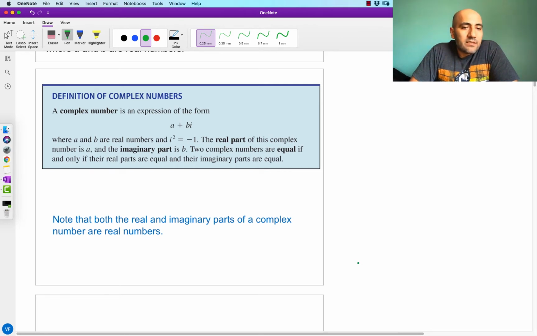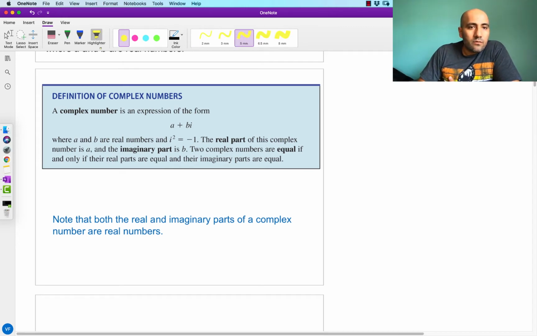Okay, so a complex number is an expression of the form a plus bi, where a and b are real numbers, and i squared equals -1. The real part of the complex number is the a out in front, and the imaginary part is the b. Two complex numbers are equal if and only if the real parts are equal and their imaginary parts are equal.